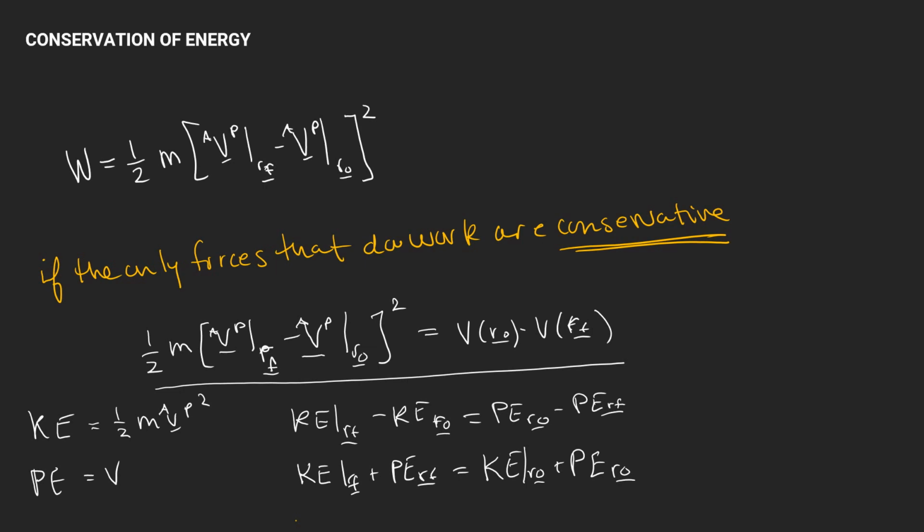And you'll notice that the sum of the kinetic and potential energy at the position RF is equal to the sum of the kinetic and potential energy at RO, which means that this is going to be a constant value.